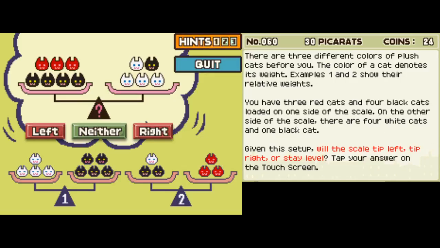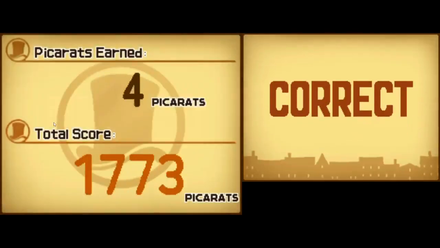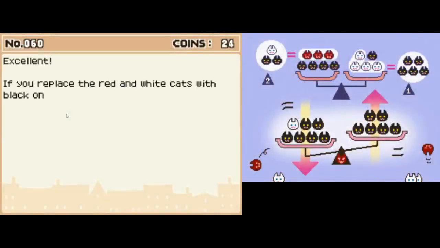You have 3 red cats and 4 black cats on one side, and on the other side... I get the feeling it's left. I think I've got it. Let's hope I get the right answer. Yes, I do. Alright. Layton's apprentice saves the day. Alright, here we go. Excellent.